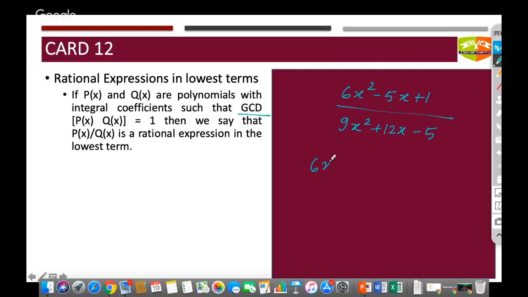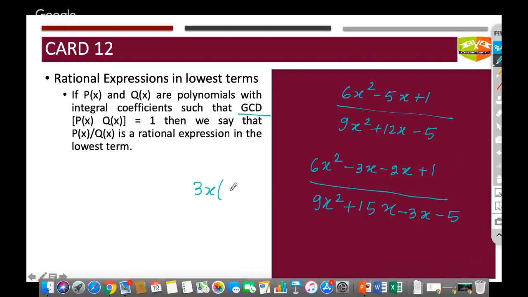So here I can write 6x square minus 3x minus 2x plus 1, and here I can write 9 into 5 is 45, and 15 minus 3 is 12. So I can write 9x square plus 15x minus 3x minus 5. So let me factorize it for you.